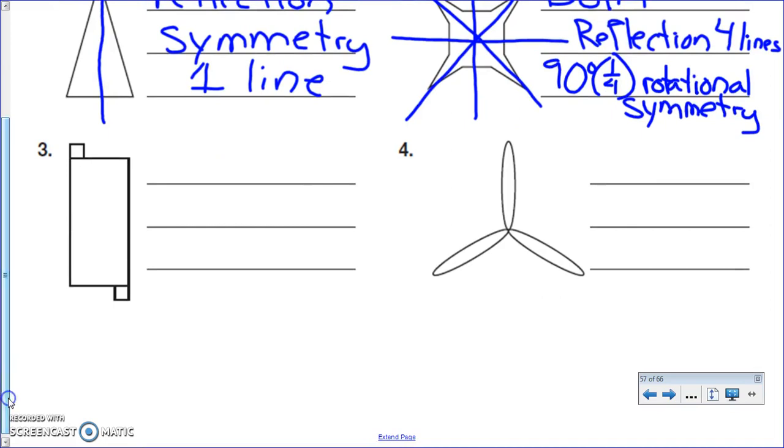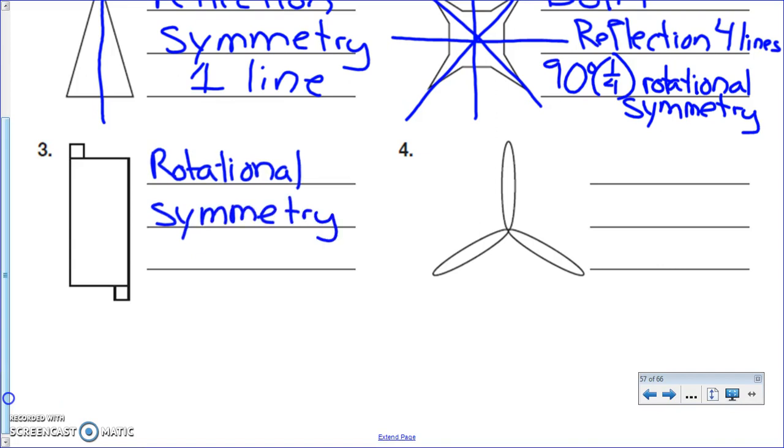Figure 3 only has rotational symmetry, and it takes a half turn to get it to land exactly on top of itself. Finally, for number 4, it has both rotational symmetry and reflection symmetry.